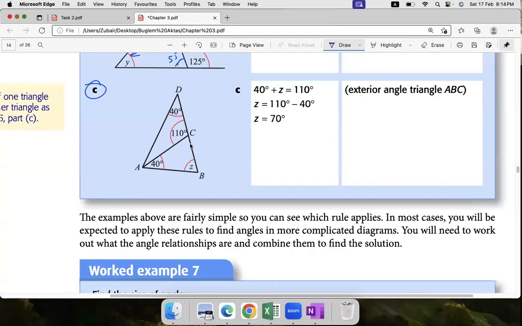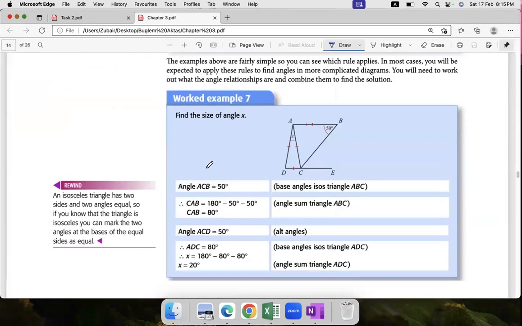Because 180 minus 110 is 70, and 70 plus 40 subtracted from 180. This is 110. Sum of these two was equal to the exterior 110. It is not necessary that we follow the properties, just discussing all possible ways.